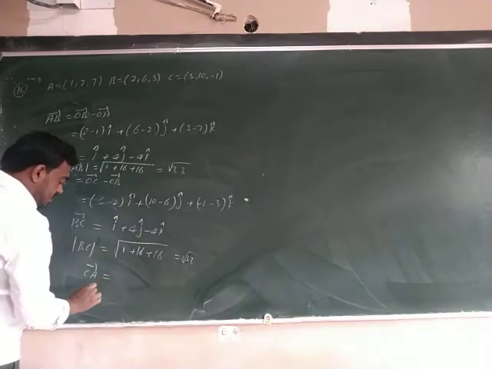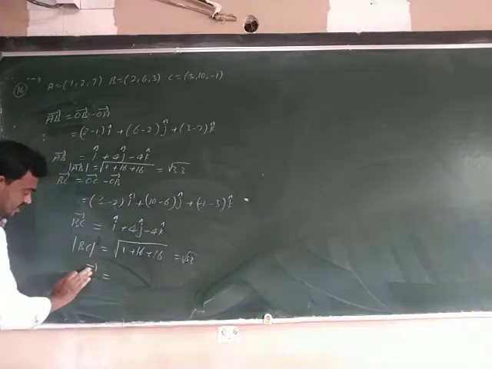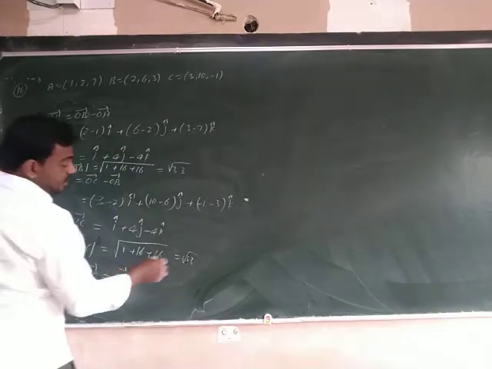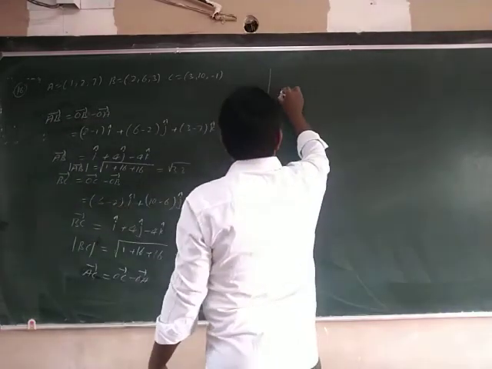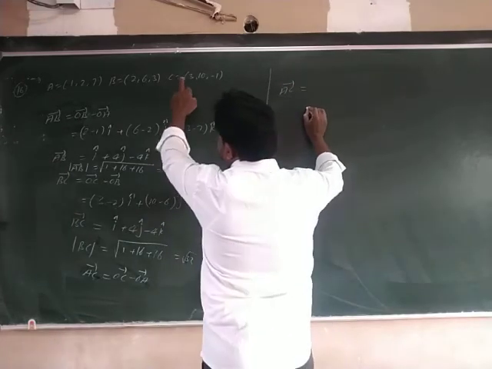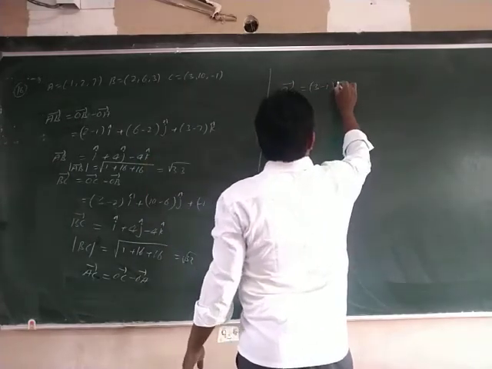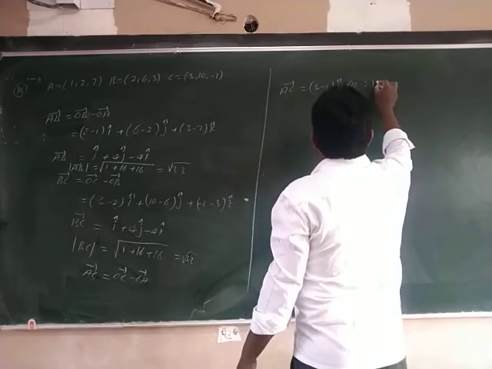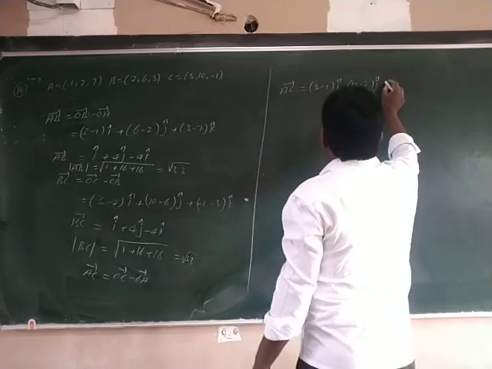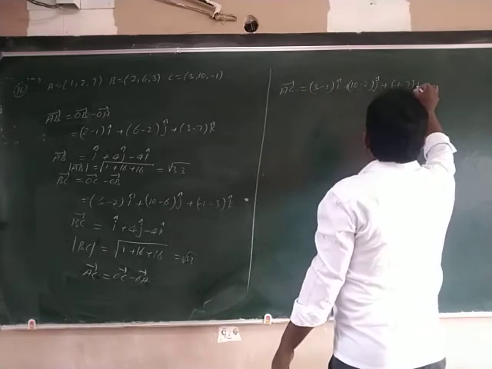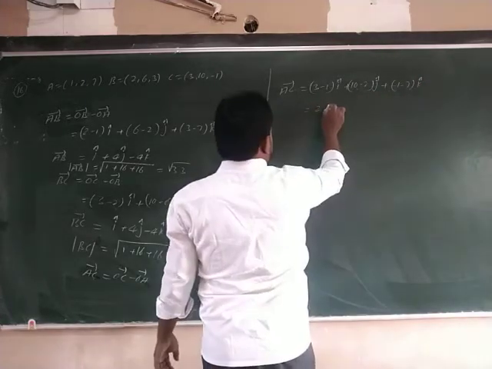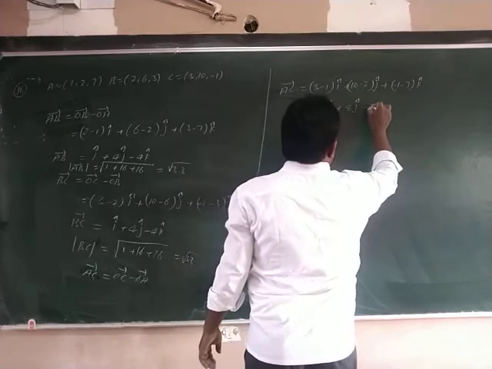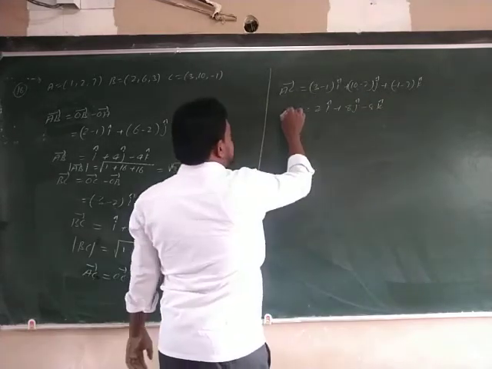Next, AC. Vector AC is OC minus OA, that is 3 minus 1 into I cap plus 10 minus 2 into J cap, plus minus 1 minus 7 into K cap. This is 2I cap plus 8 J cap minus 8 K cap, which is vector AC.